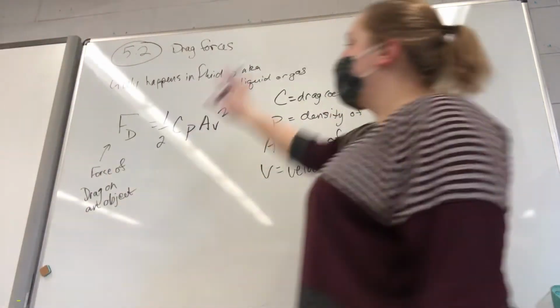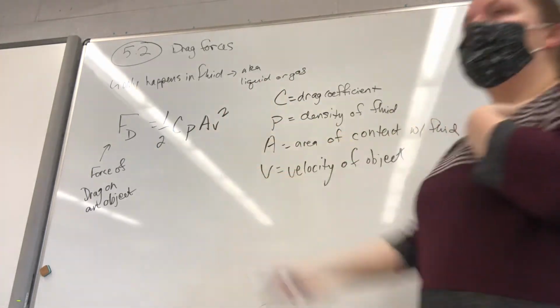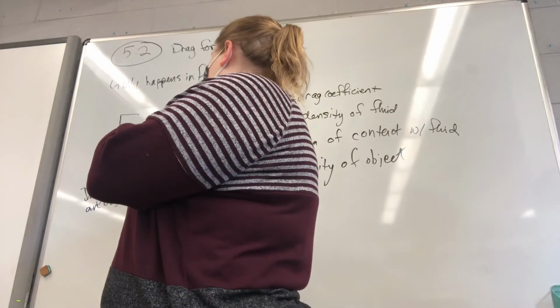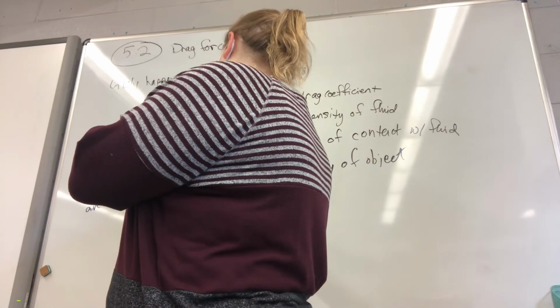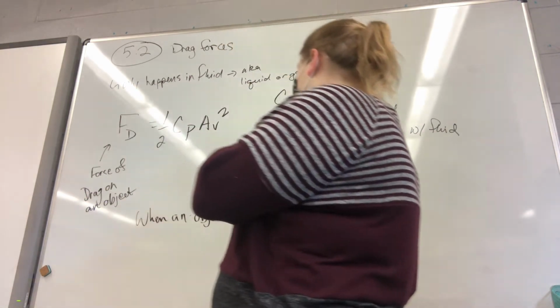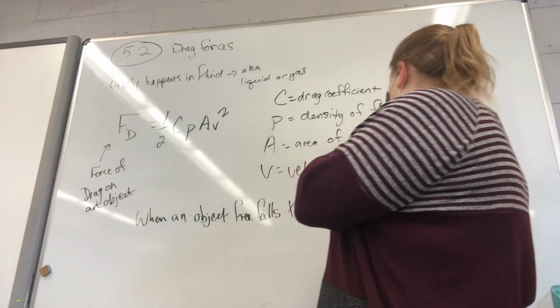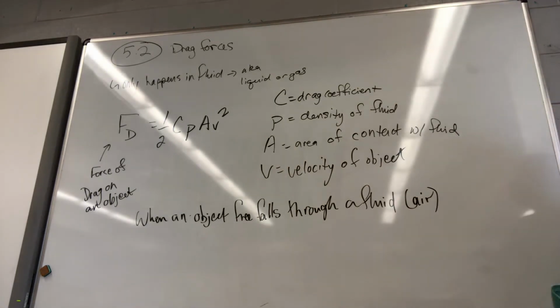So this is the first part of the drag argument: how to calculate the force of drag in a fluid. When an object is free falling through the air, through a fluid, whatever you want, most of the time it's air for us, the weight is going to be the only force acting on it.